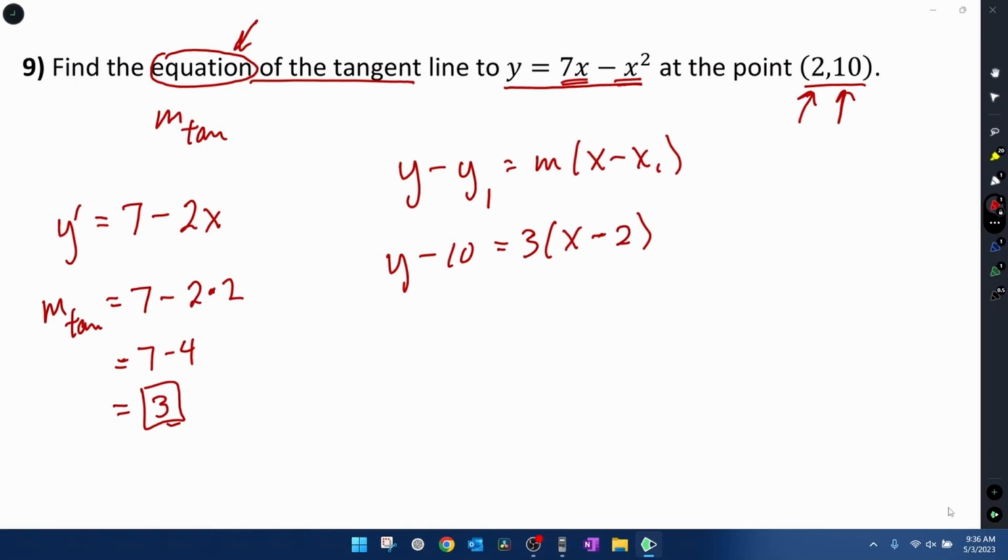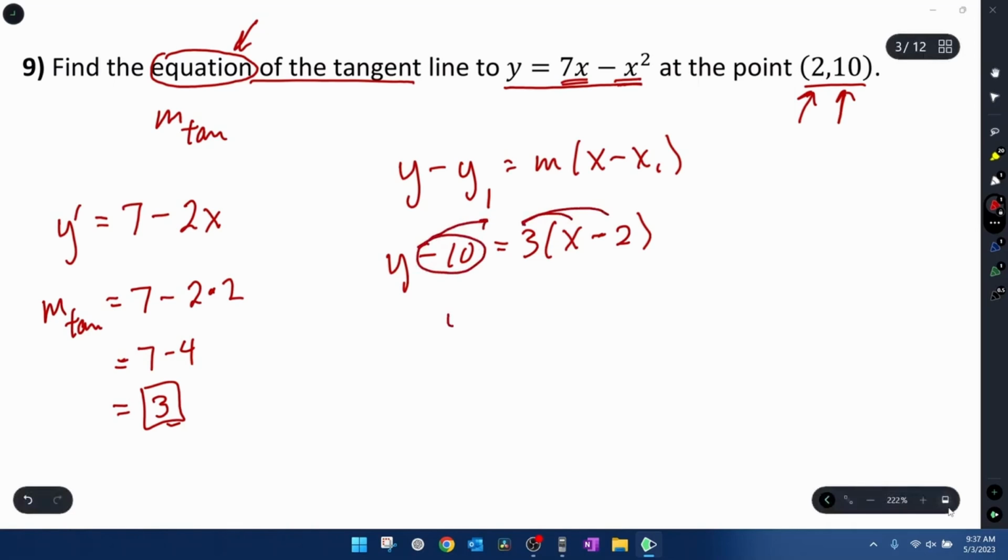Probably want to write that in slope intercept form. So let's go ahead and do the distributive property and bring the negative 10 over and simplify. 3 times x is 3x. 3 times negative 2, negative 6, plus 10. Negative 6 plus 10 is 4. And we're done. That is the equation of the tangent line to our function at the given point.